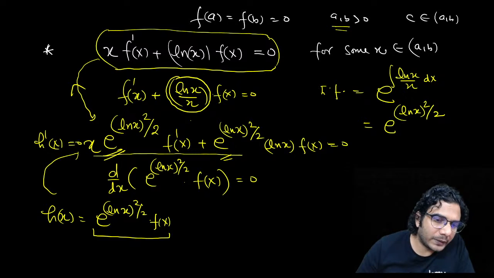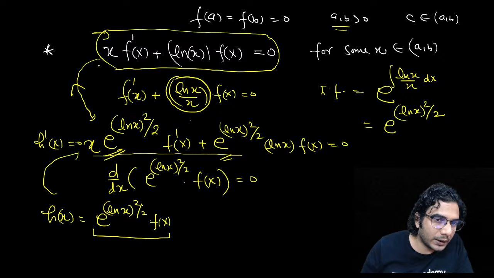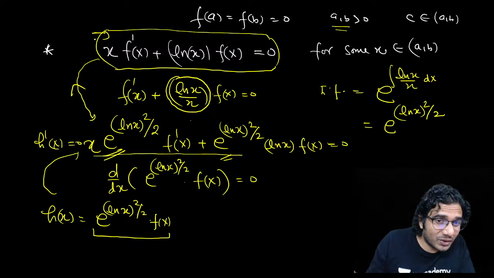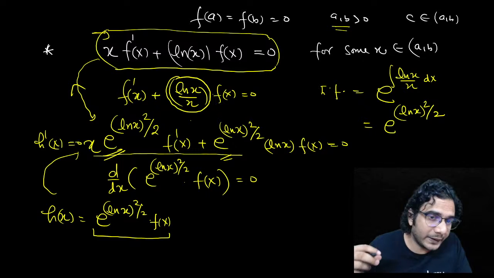What do you want to simplify actually? I'm not understanding. See, we need to find a function whose derivative will give us this function. Okay, but this is not the exact derivative. You'll have to multiply it by something. What was that? That was the integrating factor. So you have identified the integrating factor, then you have multiplied by it.